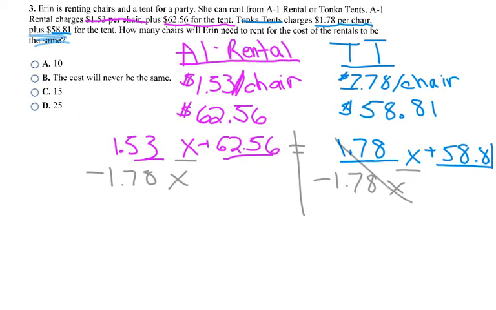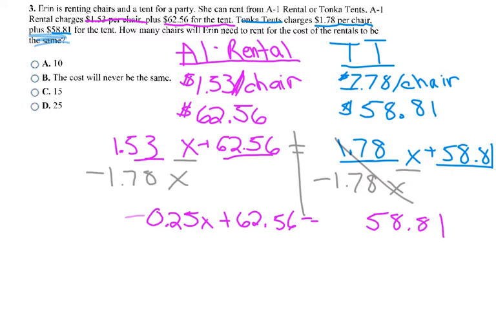Here they equal out to 0, so they cancel. And on the left side, that equals negative 0.25x, and then I have the plus 62.56 equals, and then over here I'm just left with the 58.81. So now I need to continue to get x by itself, so I'm going to subtract 62.56 from both sides.